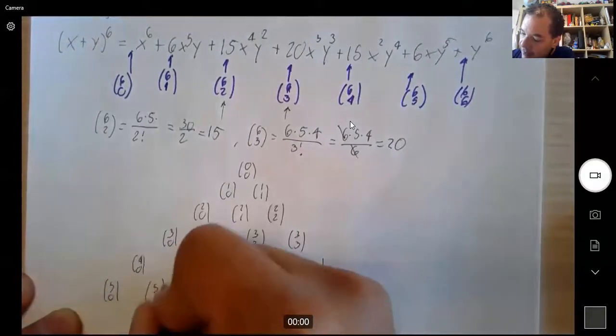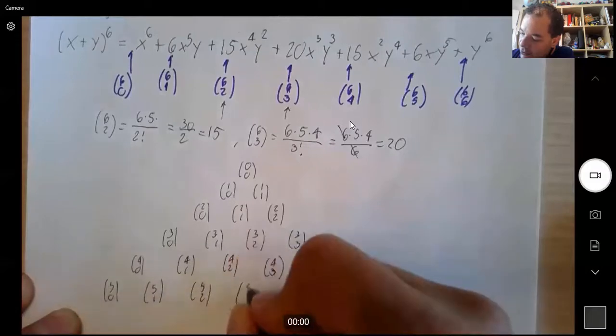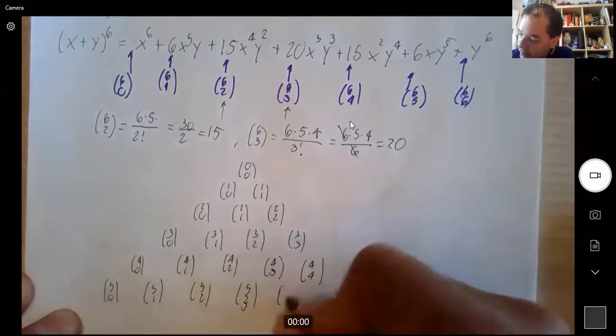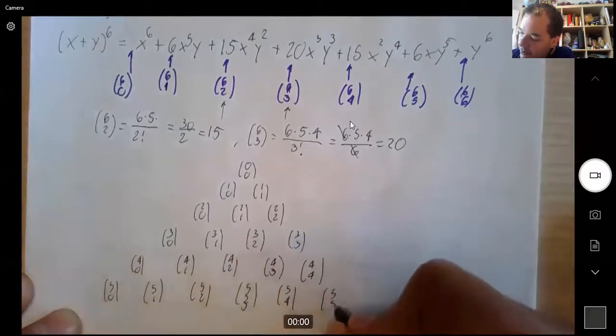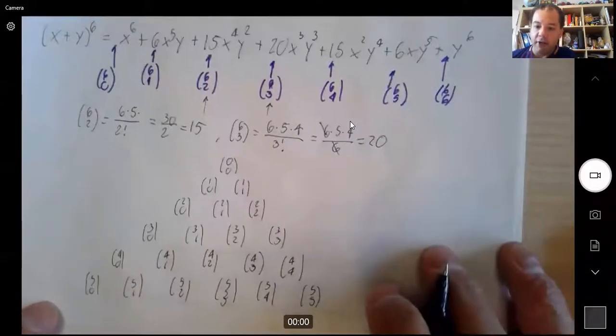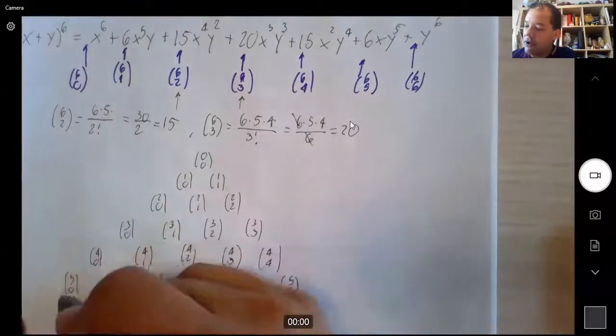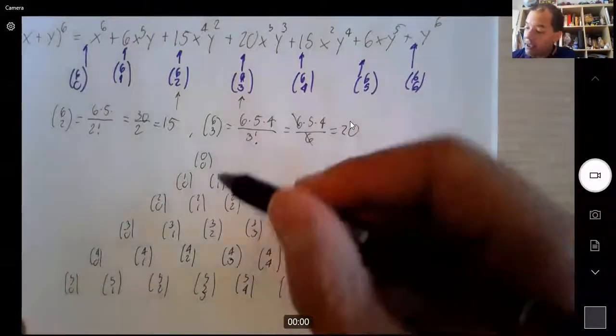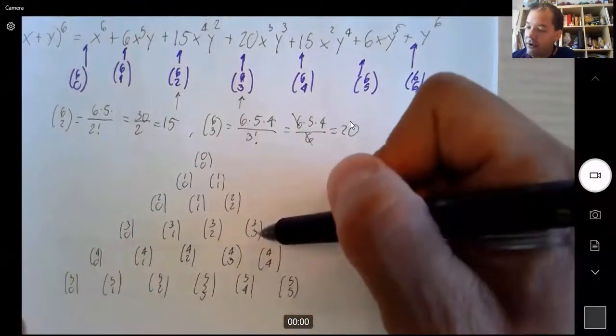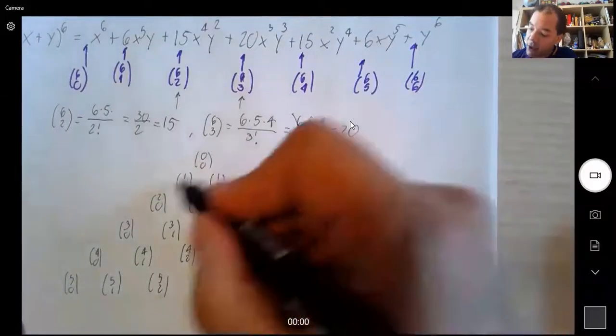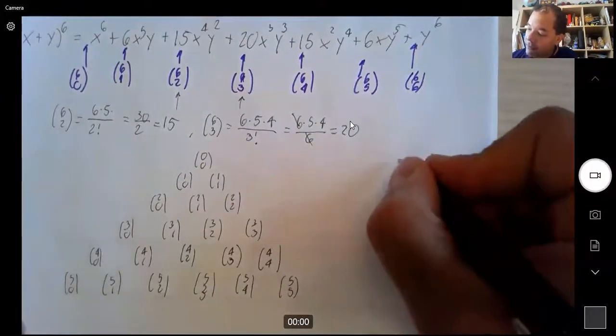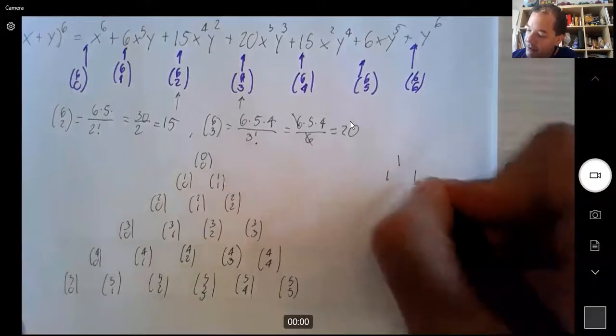And the idea is that then you can find out what these numbers are by simply doing the following. Figuring out that all of these that are choose 0, they're all ones. And if it's some number choose itself, those are also ones. So the ones on the outside are all ones. So the entire thing starts like this.